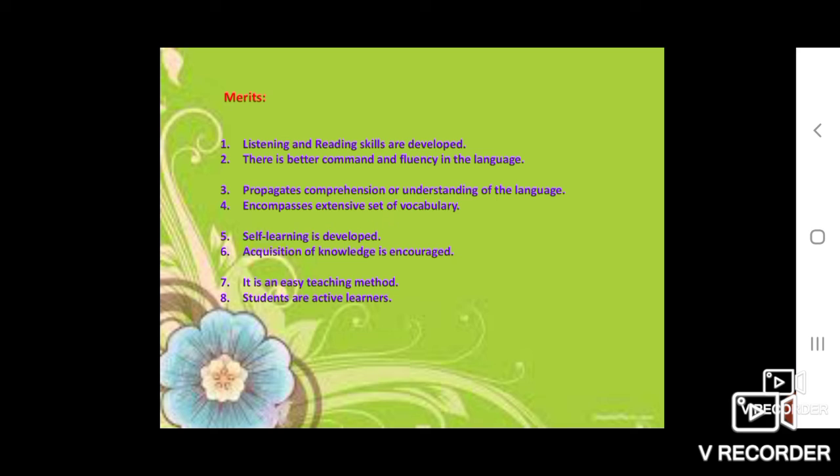But dear student, this method is not applicable to all the standards and levels. Only at a few levels is this method applicable, because by using it students can be good, active learners of English, as they will focus on only reading and listening, apart from writing and other skills.